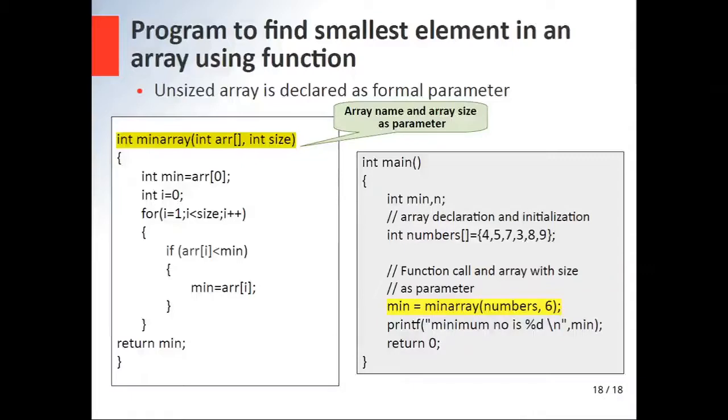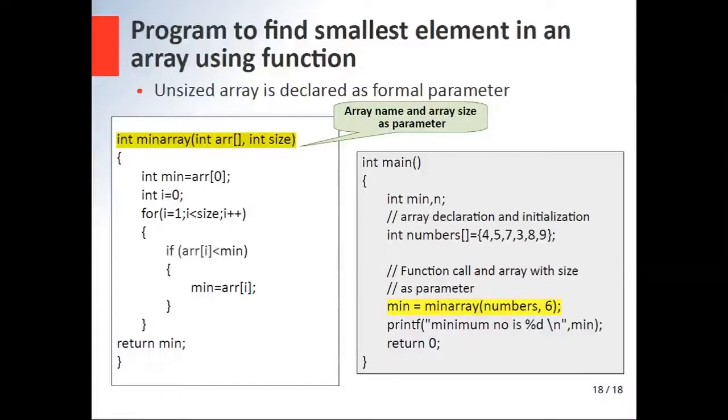If it is less than the value currently in the min variable, then min equal to array of i. So we have this array 4, 5, 7, 3, 8, 9. These are the values in the array. So first while starting the execution, min has the value 4, that is the value at the position 0.